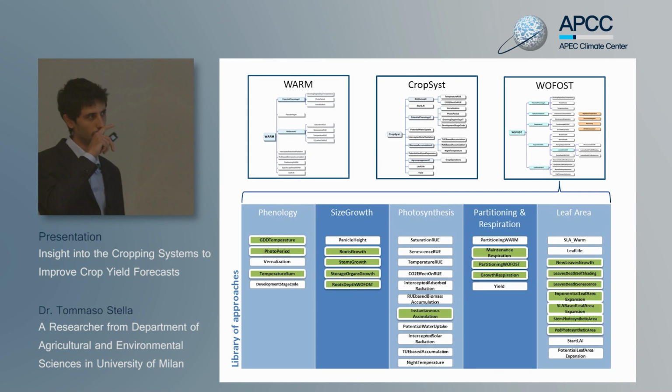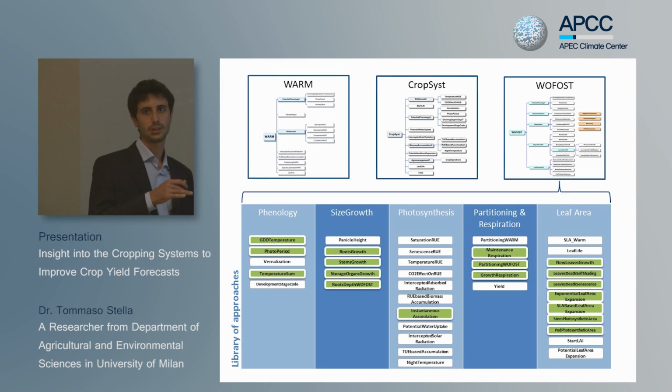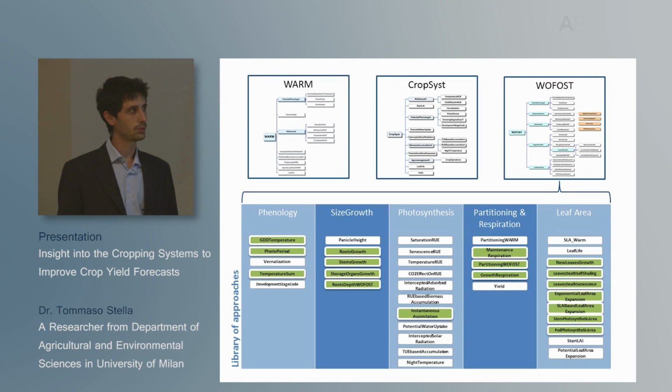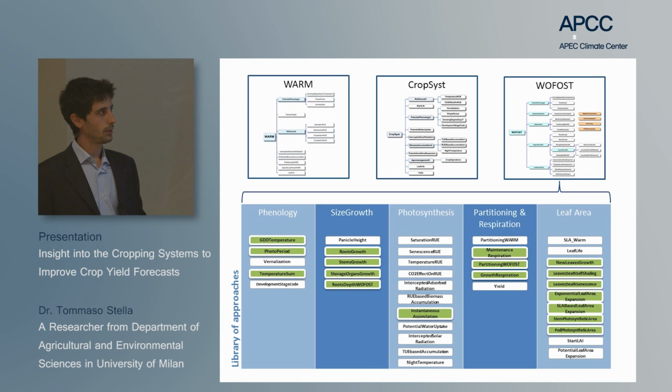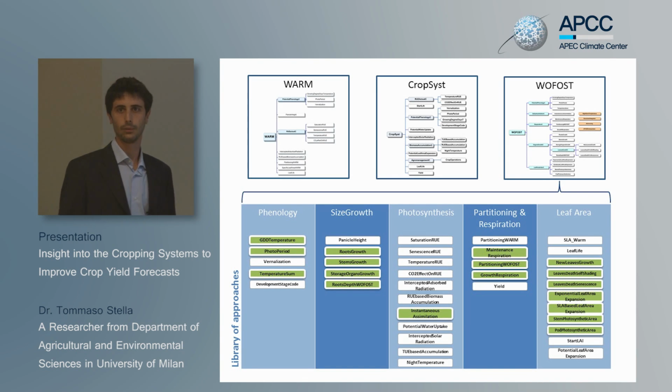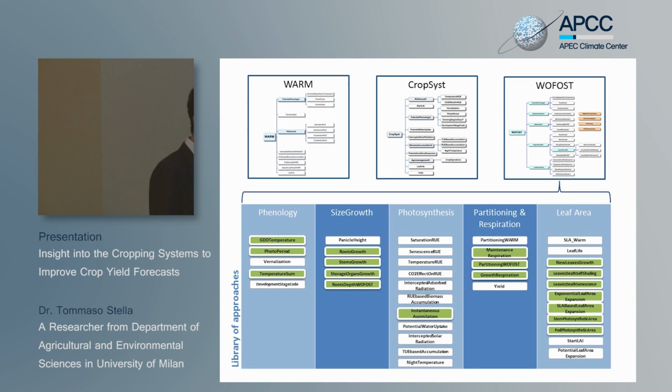And this architecture allows to extend the component, and so possibly each crop model, with the addition of new strategies. And these strategies can be reused for the formalization of new crop models.